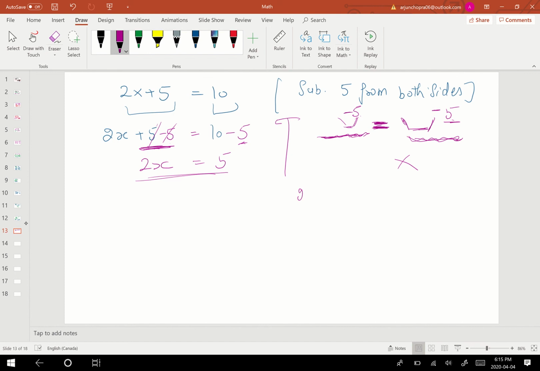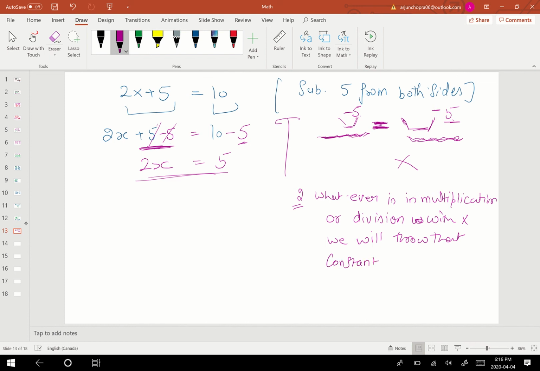So now the second step is: whatever is in multiplication or division with x, we will throw that constant on the other side of the equation.